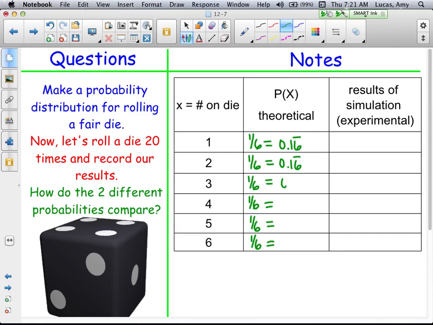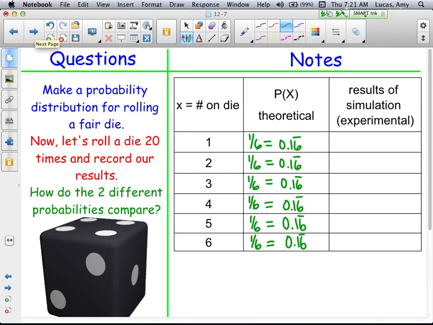So that's what we would expect our probability to be. Each number equally likely with a probability of 0.16 repeating.